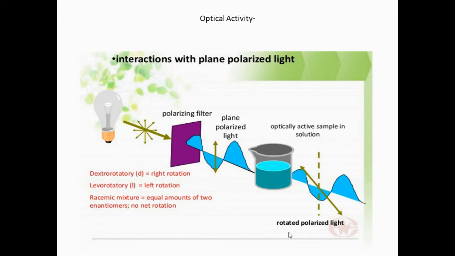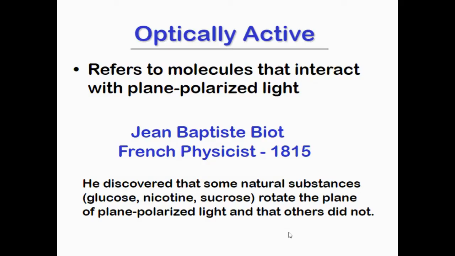Optical activity refers to molecules that interact with plane polarized light. A French physicist, Jean-Baptiste Biot, discovered that some natural substances like glucose, nicotine, and sucrose rotate the plane of plane polarized light and others did not.